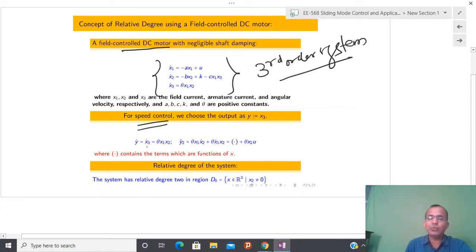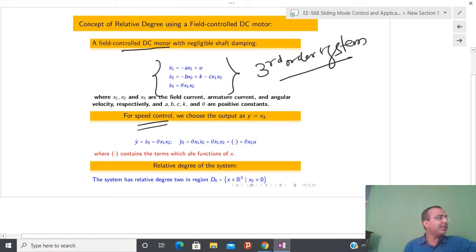Now I am going to pick the output, and after that I am going to differentiate it. If you differentiate one time, y dot equal to x3 dot, that is theta x1 x2. So control is not going to appear here. Now I am going to differentiate this particular quantity again.